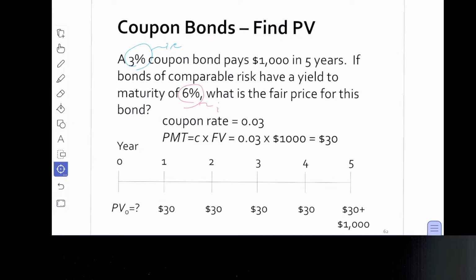What's the price? Is it more or less than the par value bond? I'm waiting.